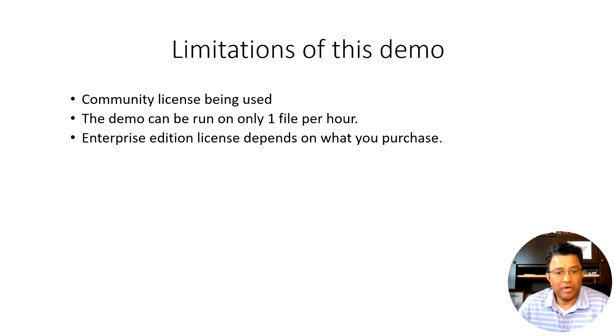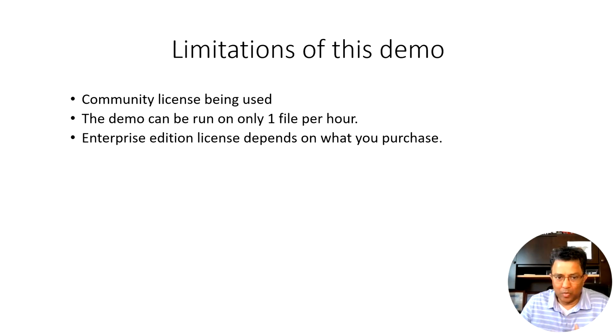So now that we've seen the demo, let's look at the limitations of this demo. The UiPath license that I have used to develop this automation for the purpose of this demo is a community license, which has limitations on the number of pages that the bot can read in one hour.